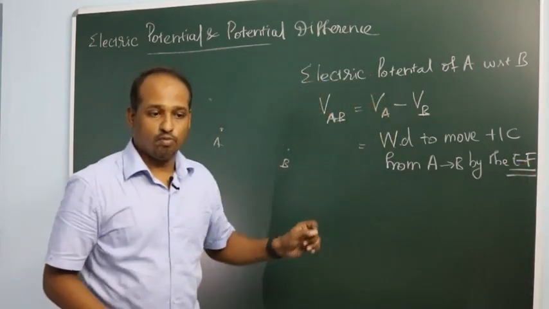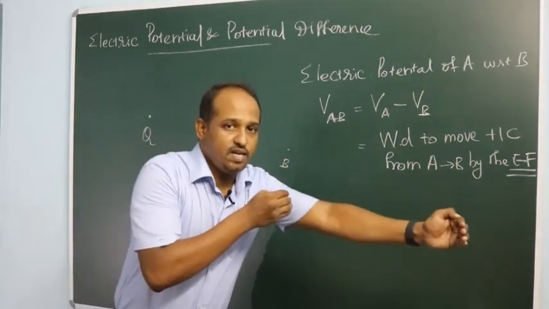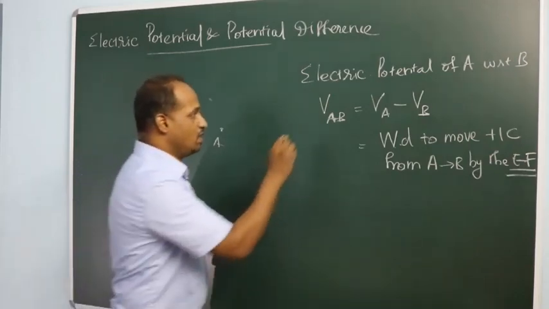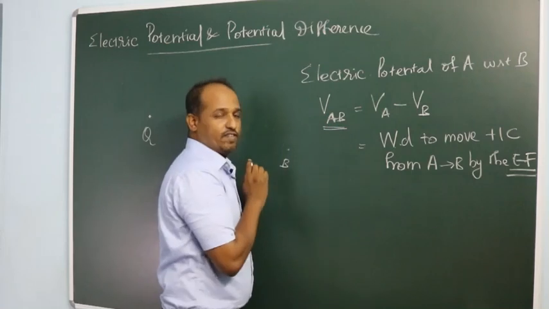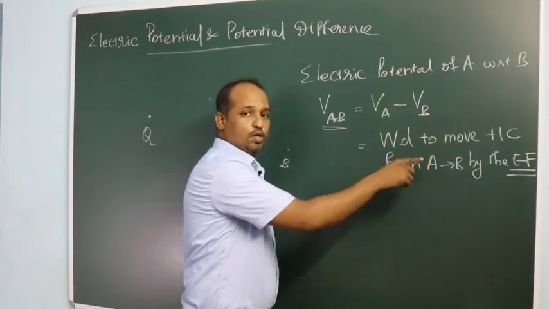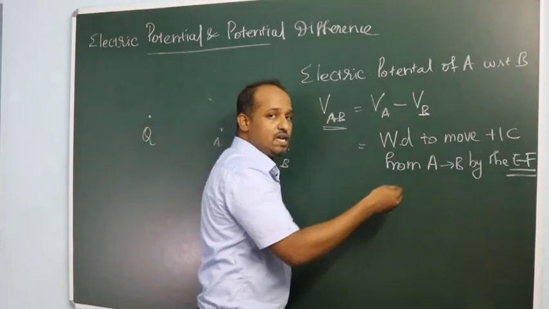Work done to move a unit positive charge from A to B by the electric force is called electric potential difference. So the electric potential difference VAB, the relative potential difference, because it is the potential of A with respect to B, is the work done to move a unit positive charge from A to B by whom?